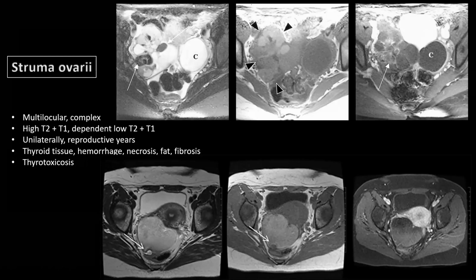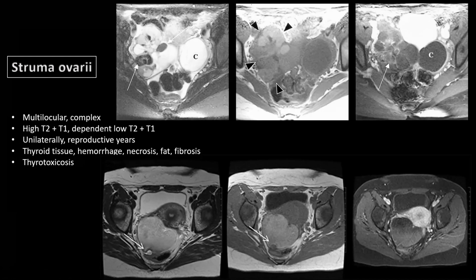However, these lesions are usually more complex and contain more cystic component than our case. And the leveling component will be of low signal intensity in T2 and T1 weighted images because it involves thyroglobulin.